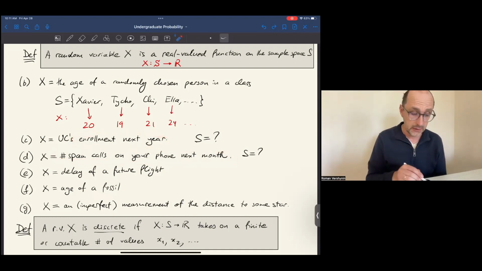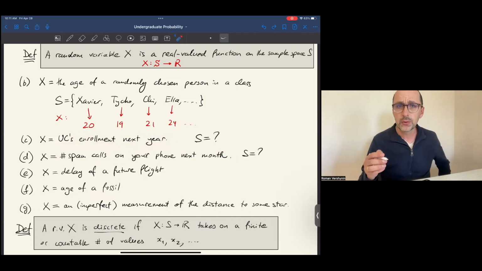What is the probability that the number of enrolled students next year will be larger than 20,000, in which case we'll have to build some new dorms, for instance? All these questions are about two things: what values the random variable can take and with what probabilities. The knowledge of the values and their probabilities of a random variable is called the distribution.